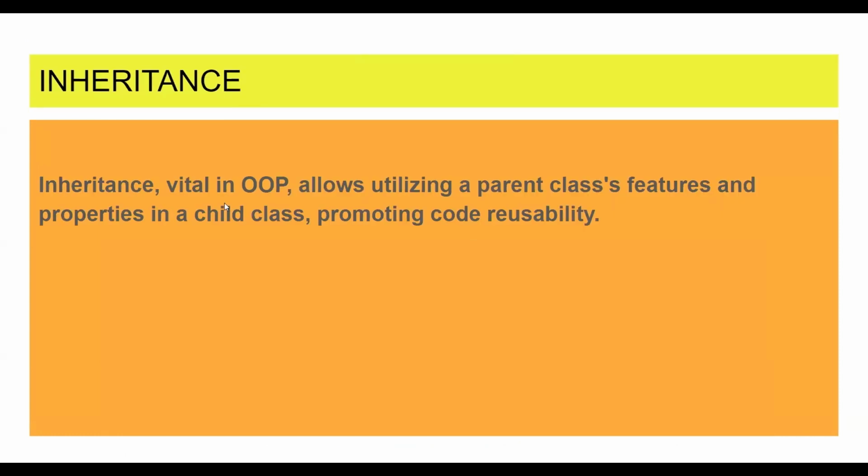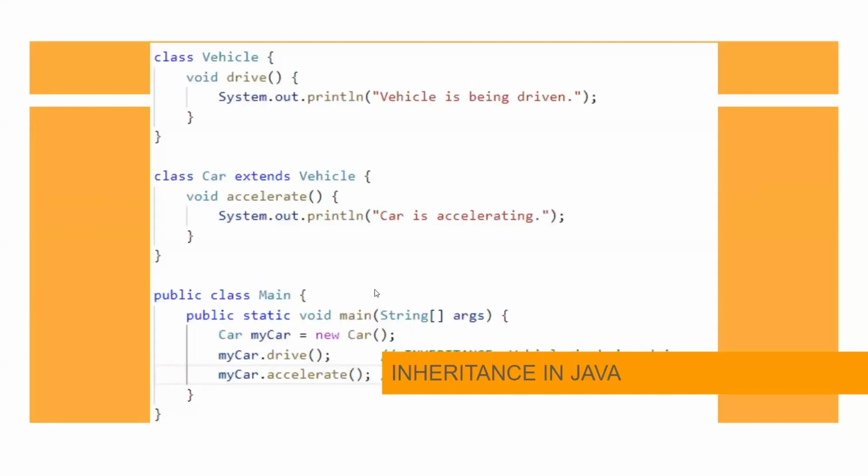Inheritance, vital in OOP, allows utilizing a parent class's features and properties in a child class, promoting code reusability. Let's take a real life example. A kid or child will be inheriting certain characteristics of his or her parents. So that's inheritance in real life. Let's take an example of inheritance in Java code. Here we have a class called Vehicle, which has a function drive, which gives out the message Vehicle is being driven.